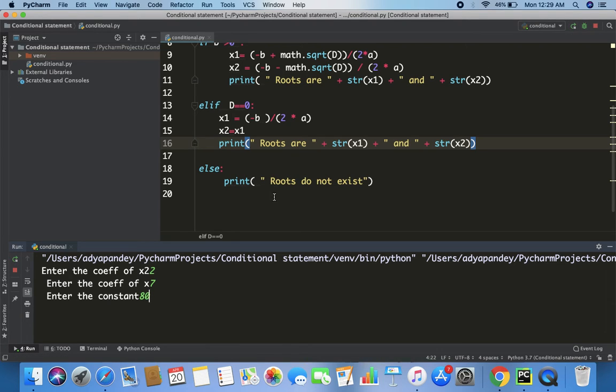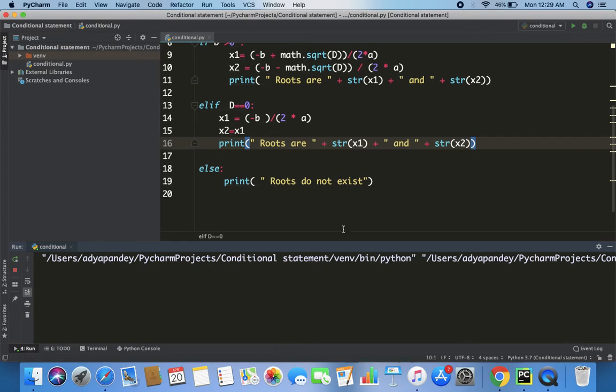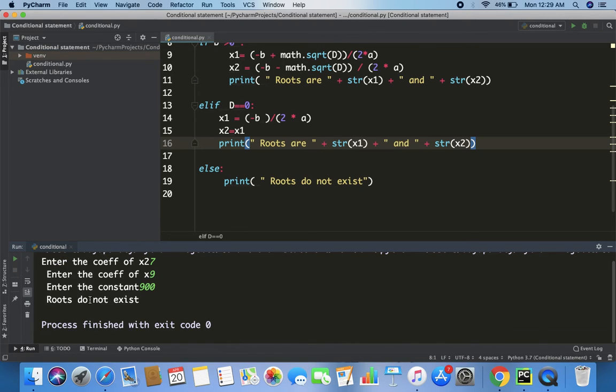The roots do not exist because in this condition the discriminant, that is 9 square minus 4 into 7 into 900, will be a negative number, and the square root of a negative number is not possible.